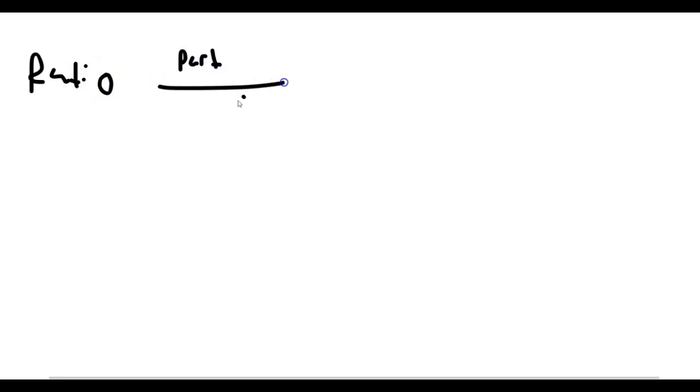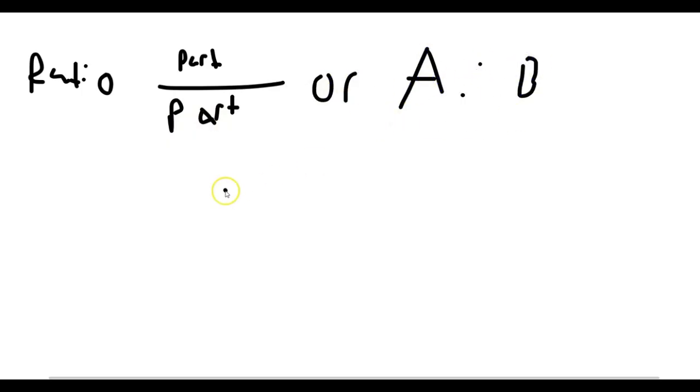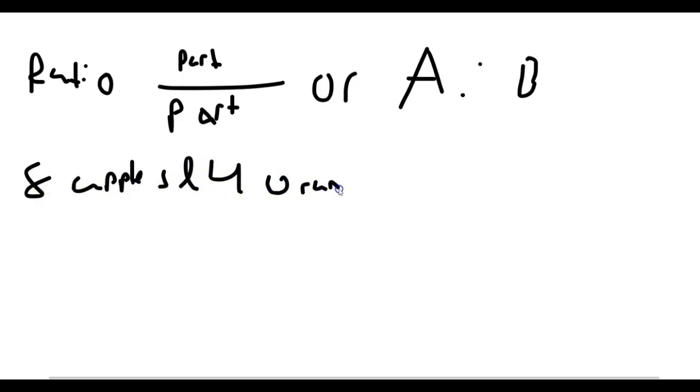Next, let's talk about ratios, which a ratio is part over part, or A and B. So let's say we have 8 apples and 4 oranges.